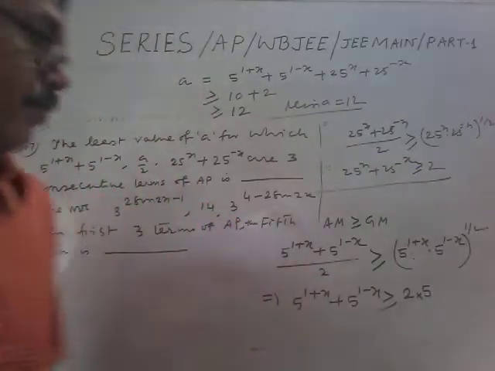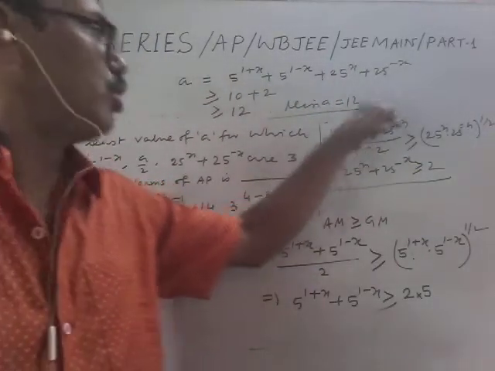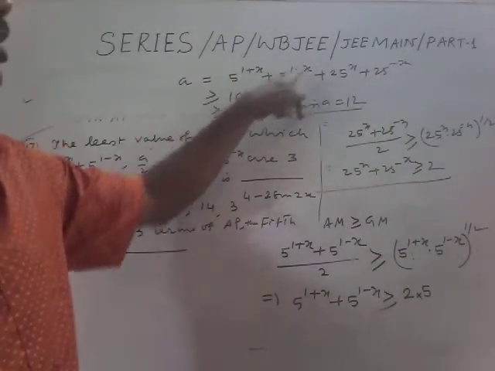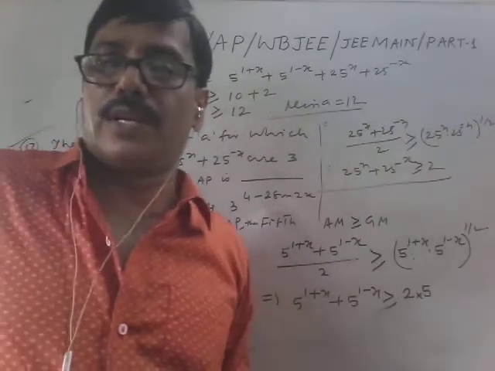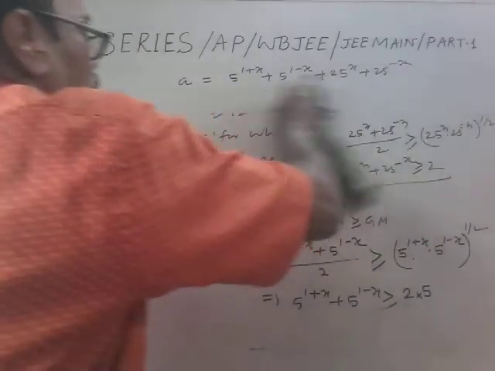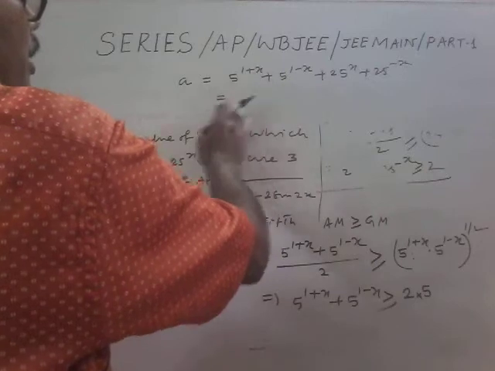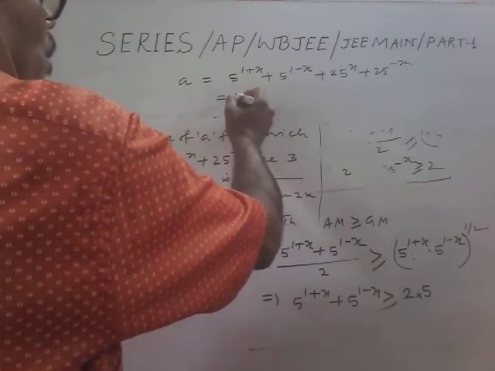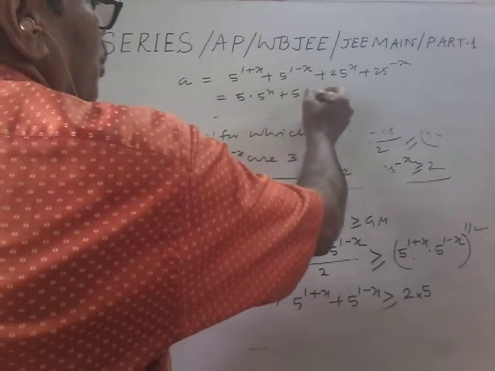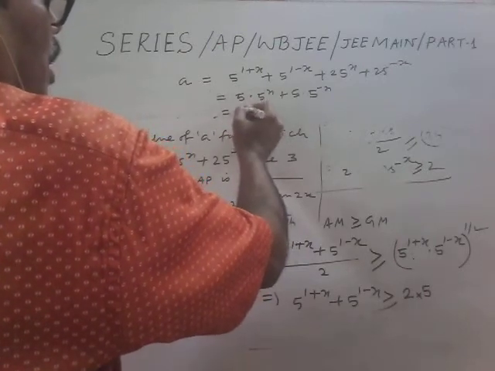So look again, 2 into a by 2, this one. Whenever we are getting this 5 to the power x, 5 to the power minus x, we always use AM greater than or equal to GM. Or we can use this method also, without using AM GM. You can write it 5 into 5 to the power x, 5 into 5 to the power minus x. So 5 common.